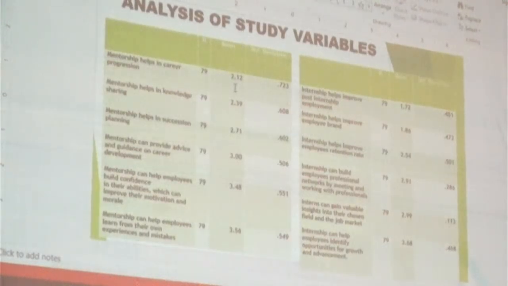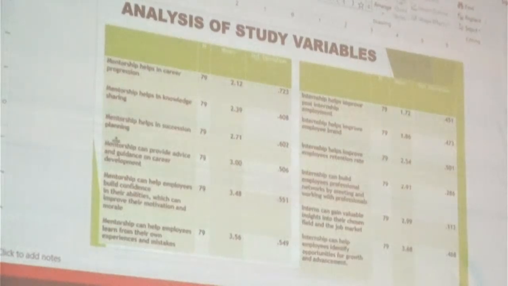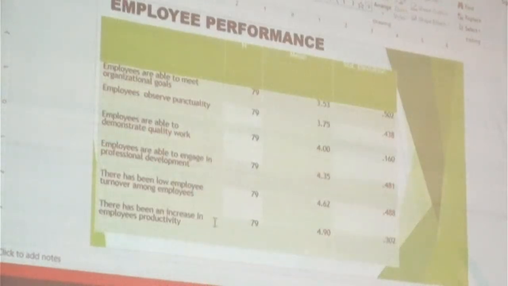And then on the analysis of the study variables, job rotation on my left, and coaching, and then moving on to mentorship, and then the internship. And then furthermore, moving on to our dependent variable, which is employee performance.